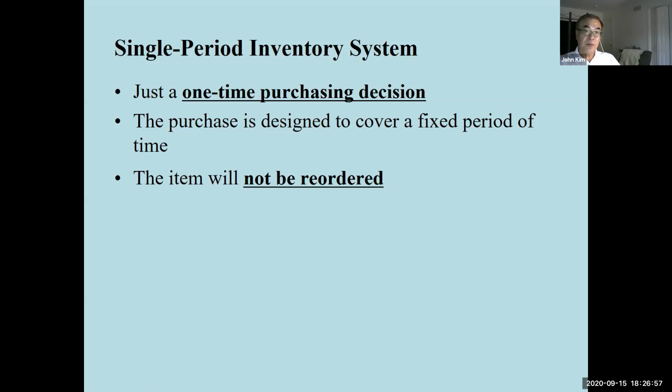Next time, decide again, and order that order size, and then forget it. Next time, again and again. So don't use the same order size. The item will not be reordered. Next time, decide again and again like this.